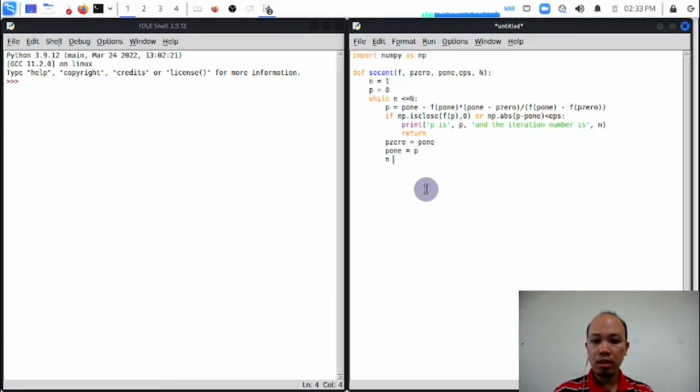And you will do this up to n iterations. Okay, so after that you will evaluate this one and print this statement.